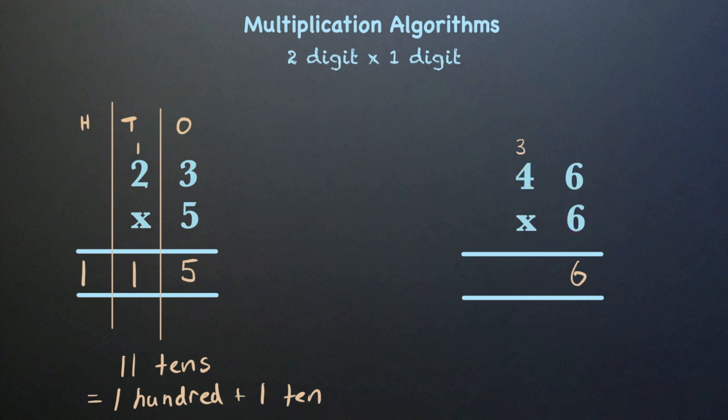I know 4 times 6 is 24. So 4 tens times 6 would be 24 tens. Then I've got to add my 3 tens from before, so I've got 27 tens now. And I rename my 27 tens as 200 and 7 tens, giving me my final answer of 276.